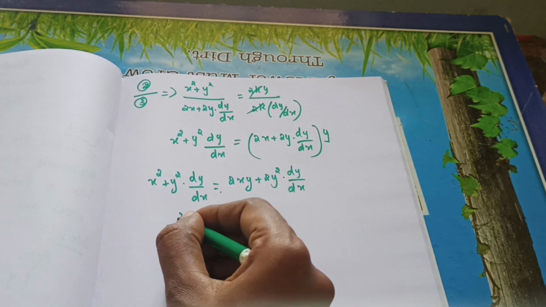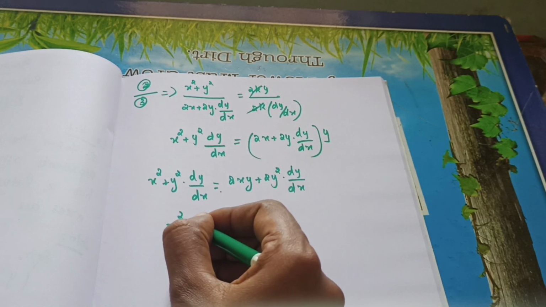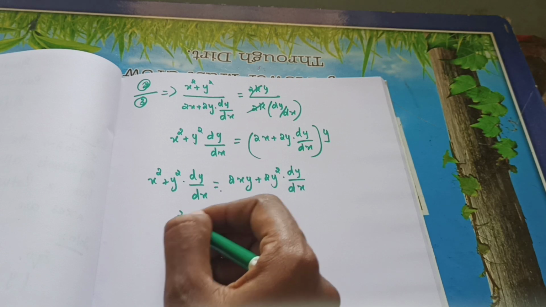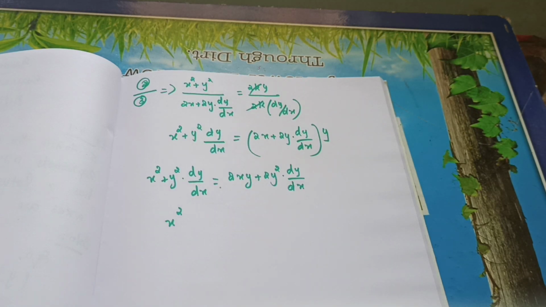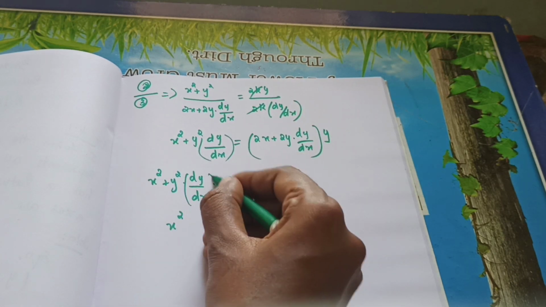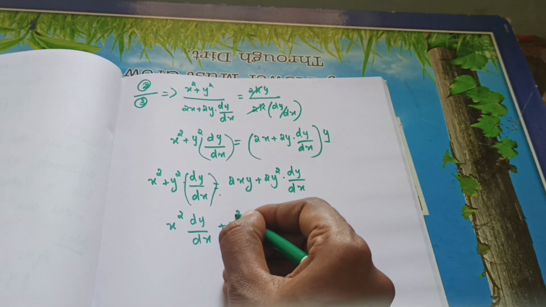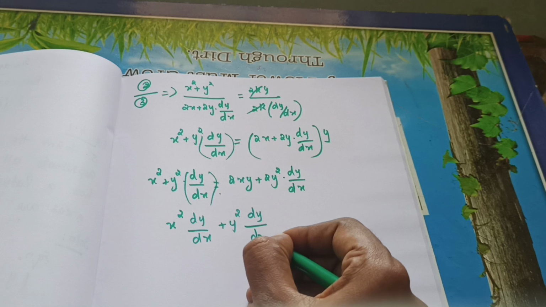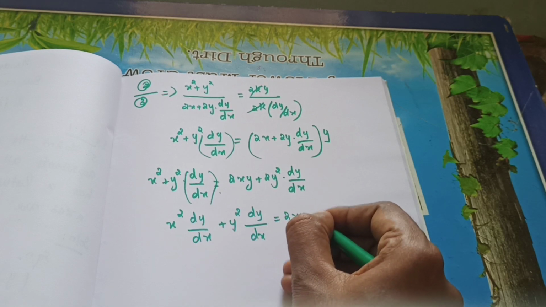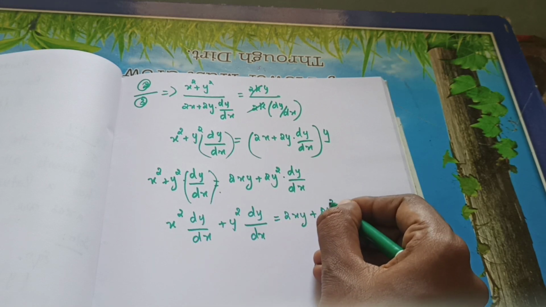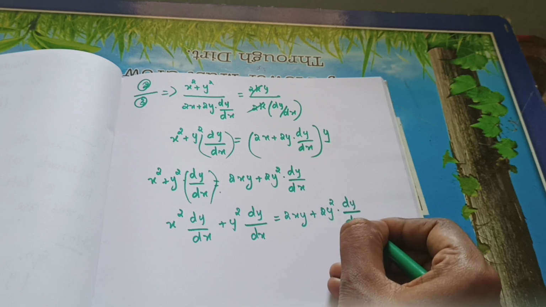Then x square into dy by dx plus y square into dy by dx is equal to 2xy plus 2y square into dy by dx.